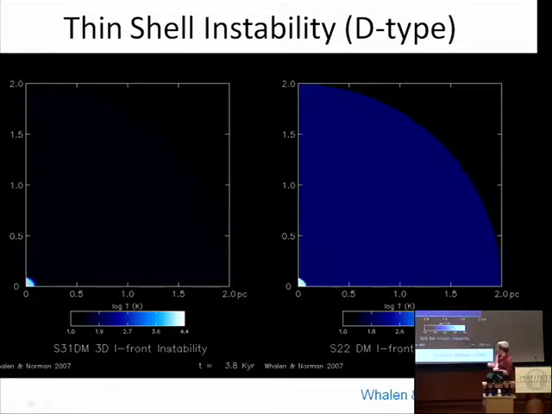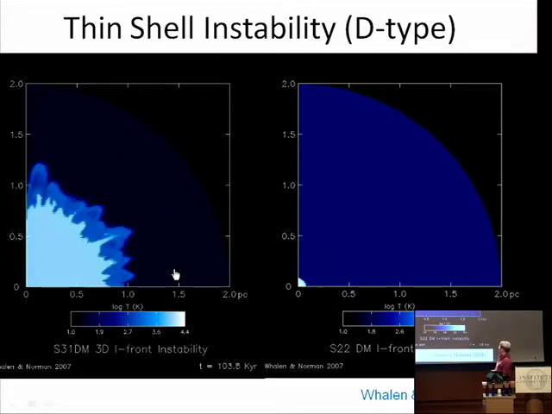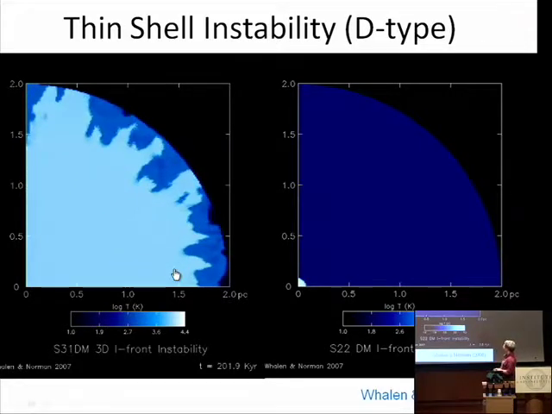And then when you couple that with the photons, you get some pretty spectacular phenomenon. Because of the thin shell instability, you change the optical depth of each section of the shell, and where you get lower optical depth, the photons race ahead, and it grows in a self-reinforcing way.